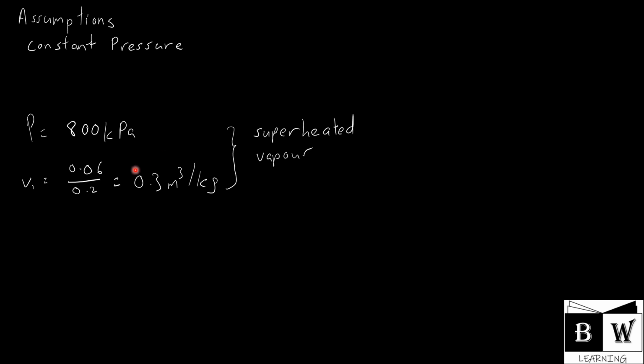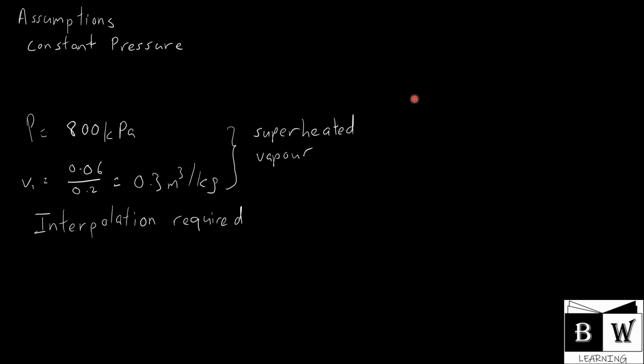So with these two information, we can use them to find out what we need in a thermodynamics table. And when you flip your thermodynamics table, you will find out that this water we are looking at is a superheated vapor.